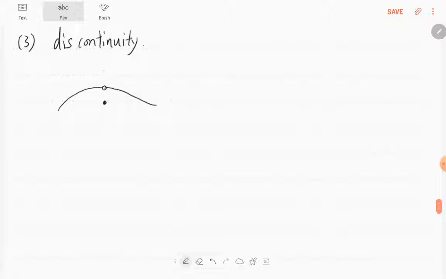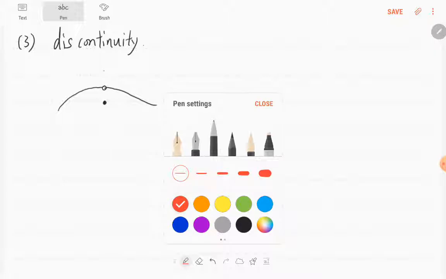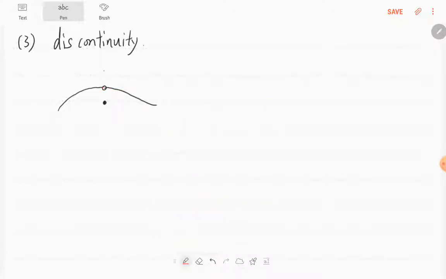But this discontinuity is very special: if you fill in the point here, you will make it continuous. We can draw the graph continuously.